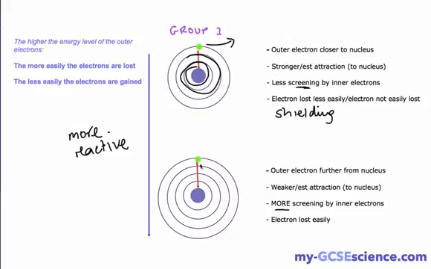Which means the force of attraction to the nucleus is weakened, and that means the electron is lost more easily, which means that this is going to be a much more reactive element. And this is how we would explain the reactivity in the group 1 elements as you go down the group. Remember, we are explaining, so this is how we explain it here.